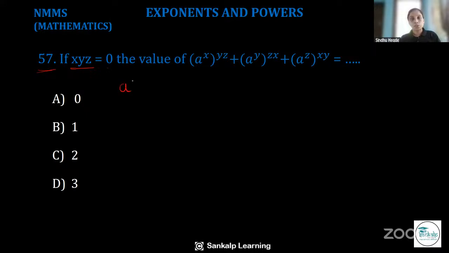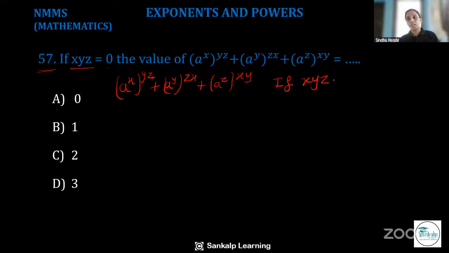Here the given expression is (a raised to x) whole to the power yz plus (a raised to y) whole to the power zx plus (a raised to z) whole to the power xy. So if the product xyz is 0, this is the given question. Now we will simplify these 3 terms first.